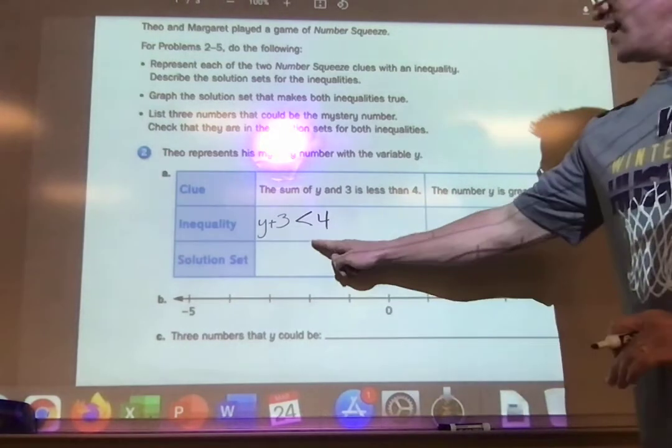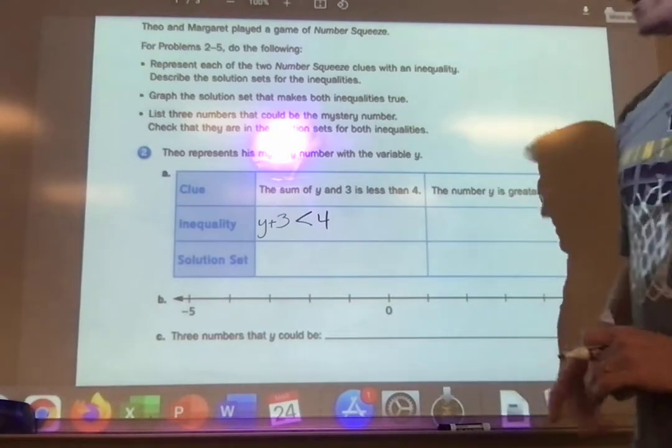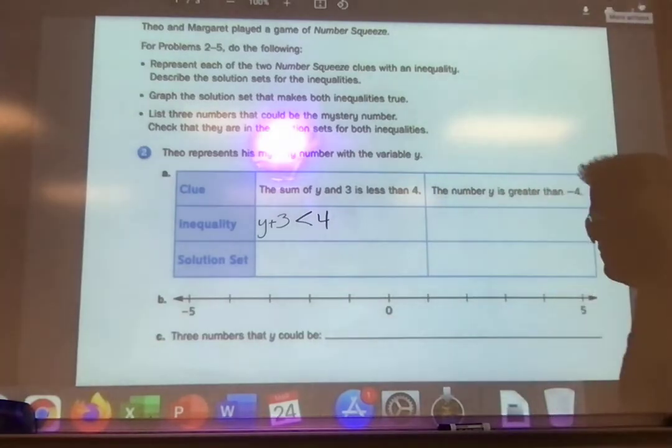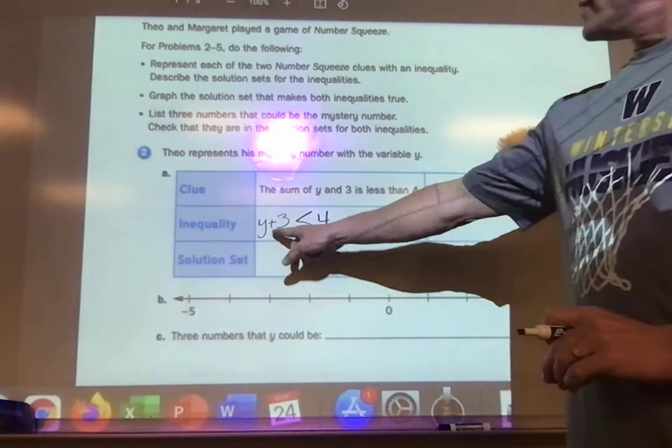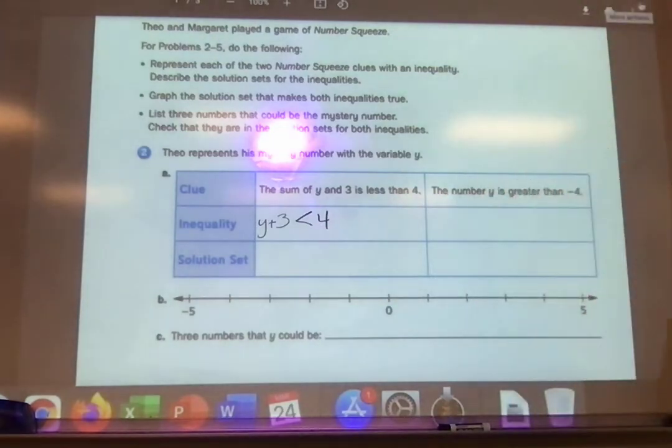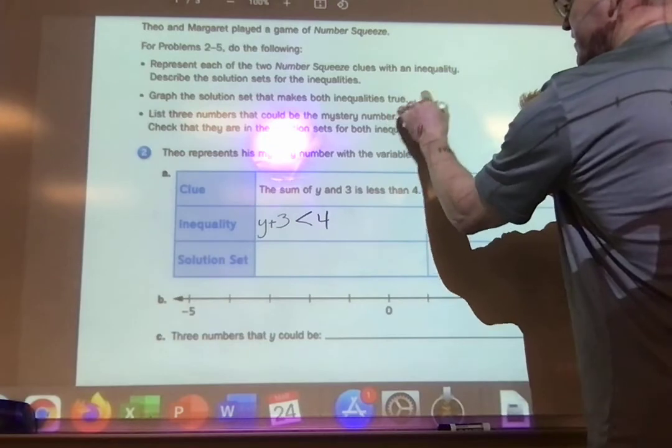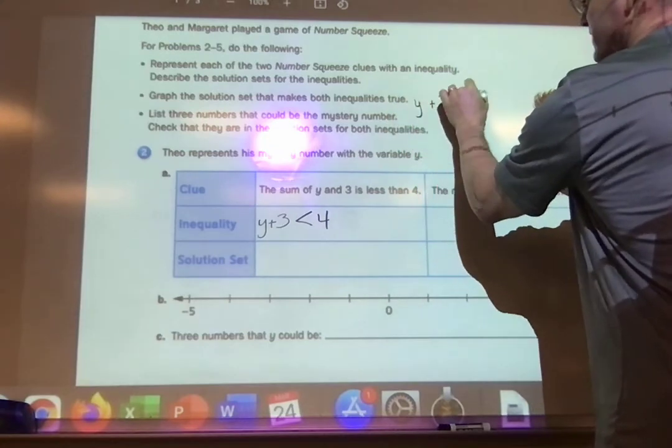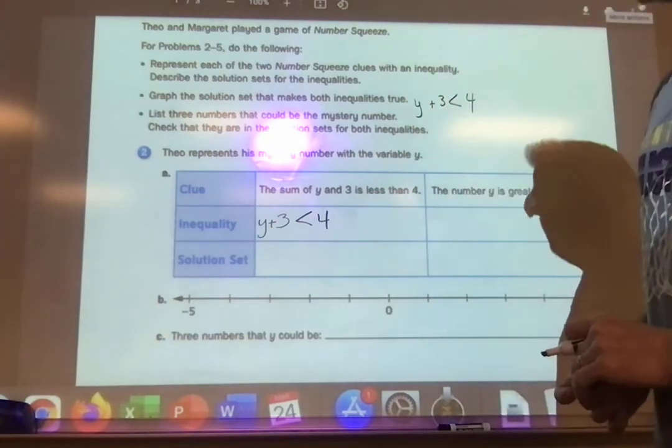Since we're on this one, let's talk about the solution set and all the numbers that can make this true. A lot of times we could do some trial and error and plug some numbers in, but that's not always efficient as some of the problems get harder. So usually, like we learned in our last unit, we want to try and isolate that variable.